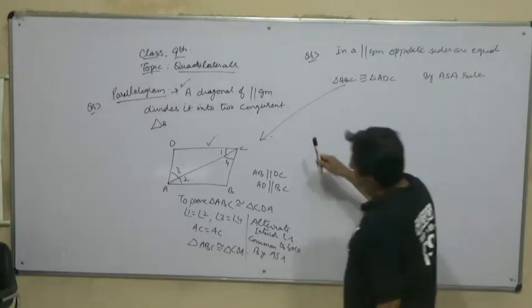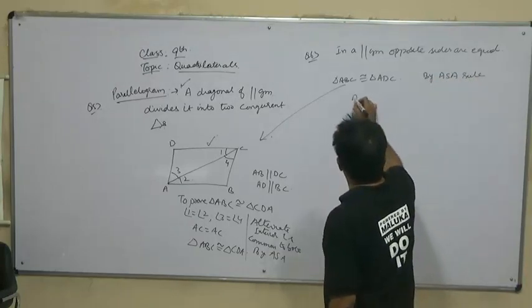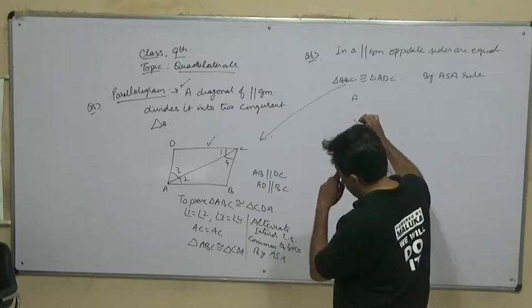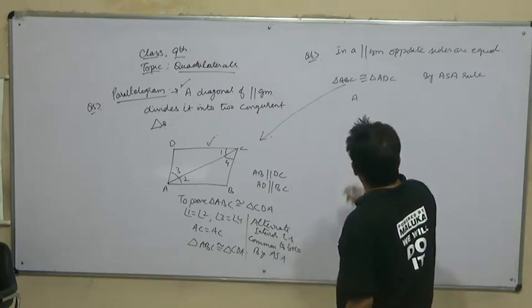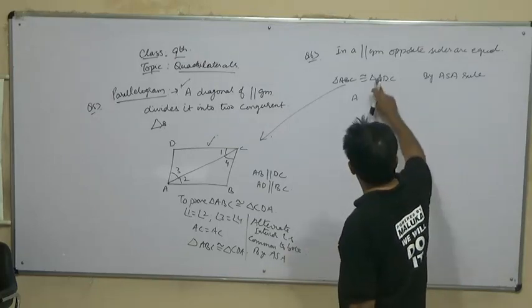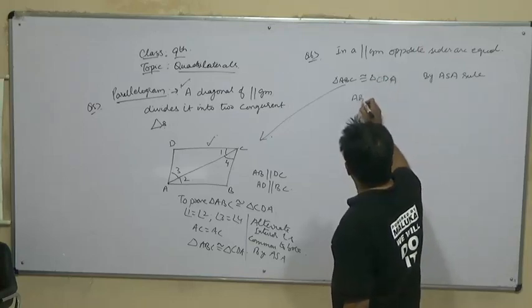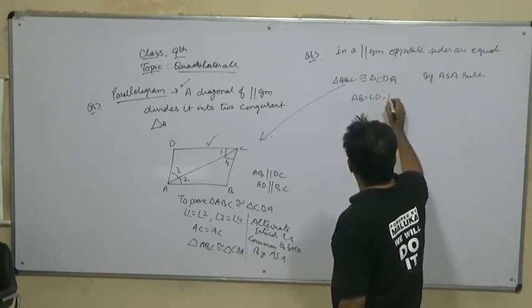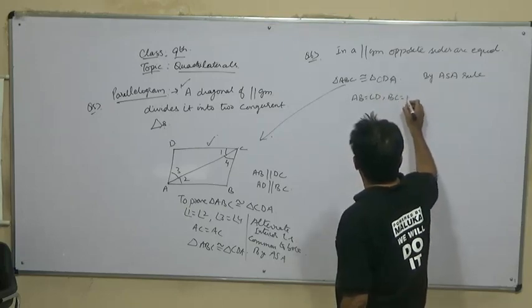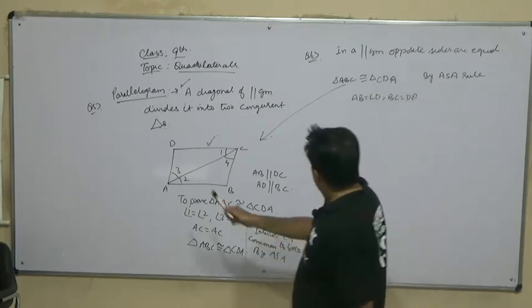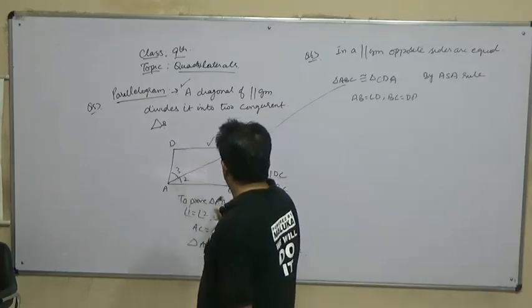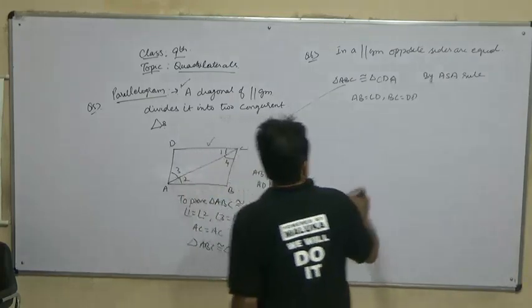Now we can say that AB is equal to CD and BC is equal to DA.